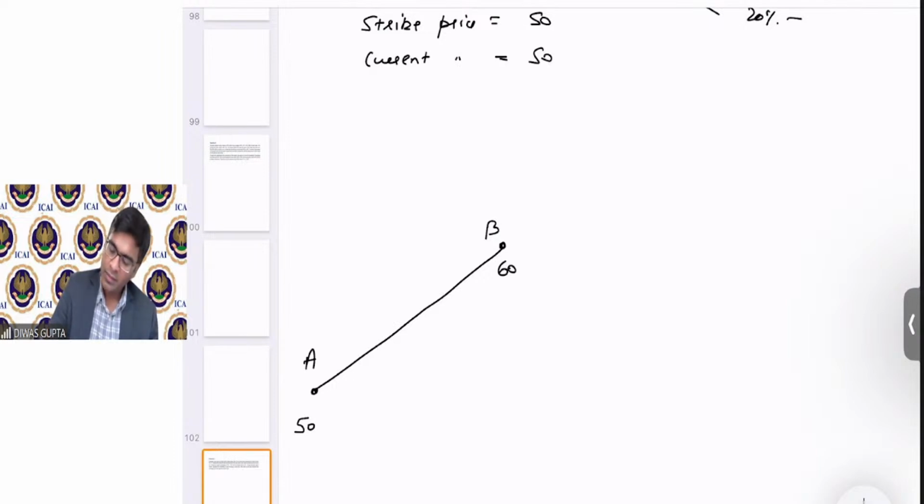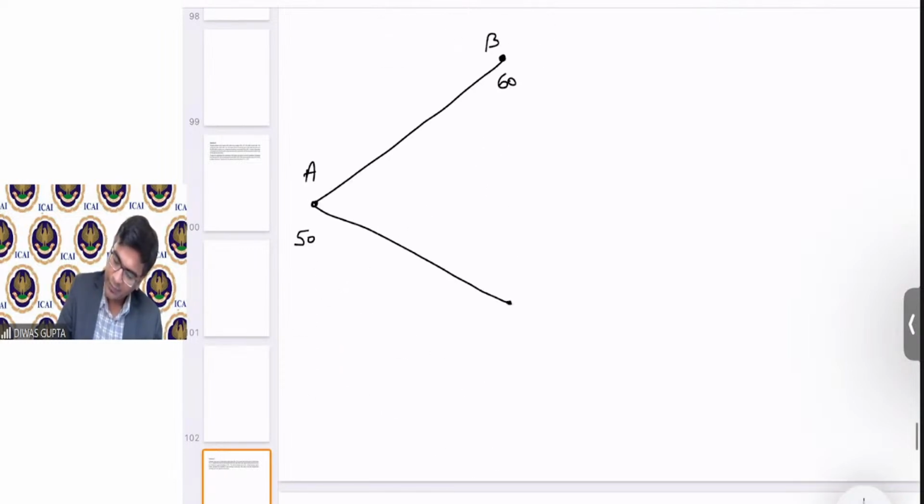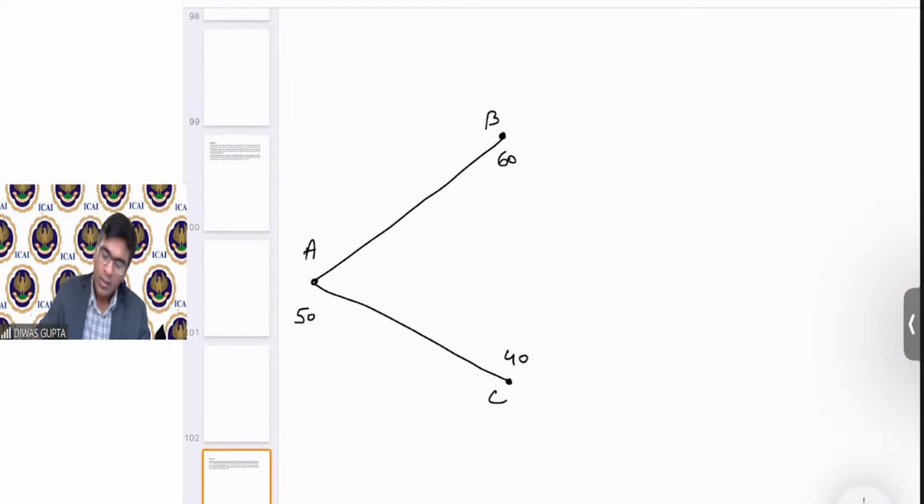Correct, students? Then again from B, okay, first let's complete this. It will come to C. The second option, which is again 50, will become 40, minus 20% of 50. Okay, students. Then this 60 will also have a 20% increase in the second year.